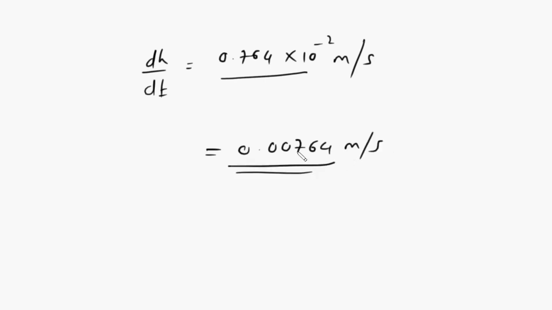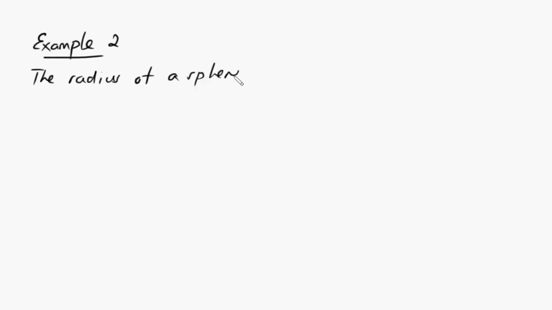Now let's see another example. You're going to bear with me because I'm going to write it. It's called example 2. So example 2 says the radius of a sphere is r.